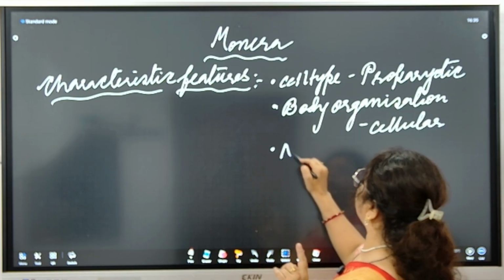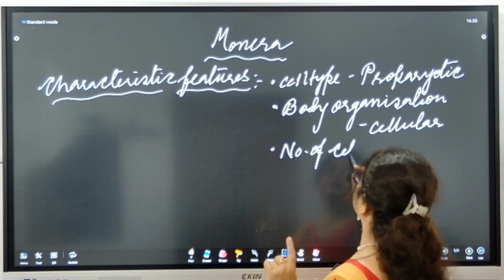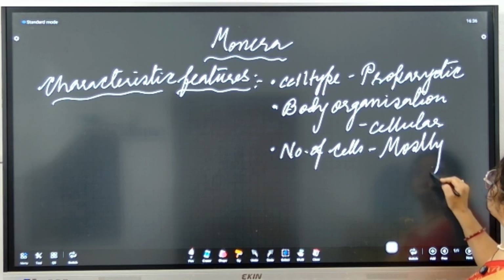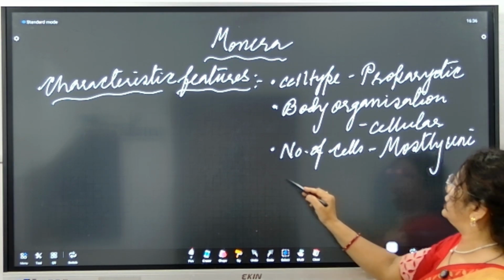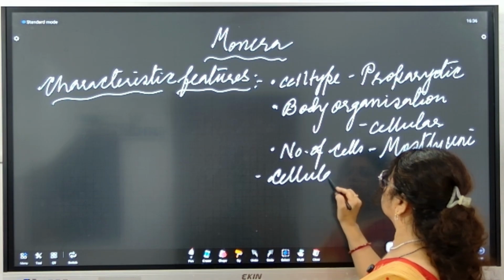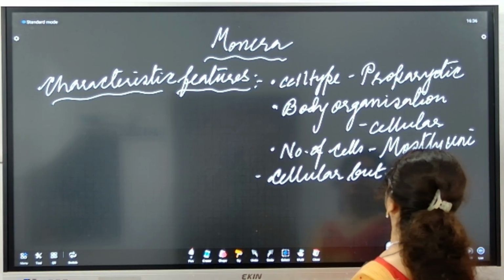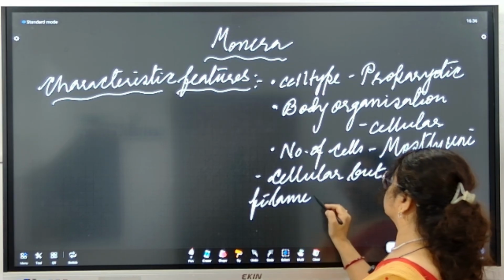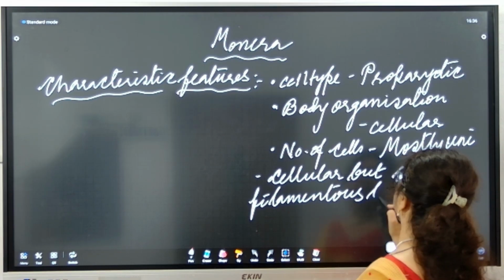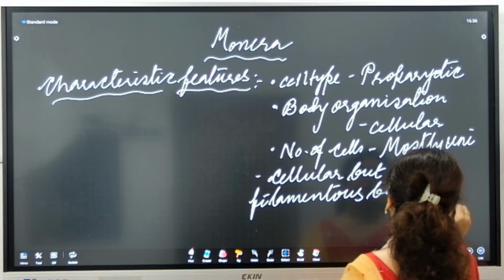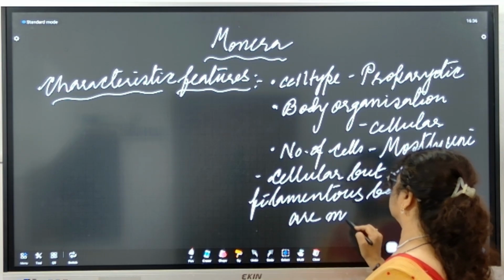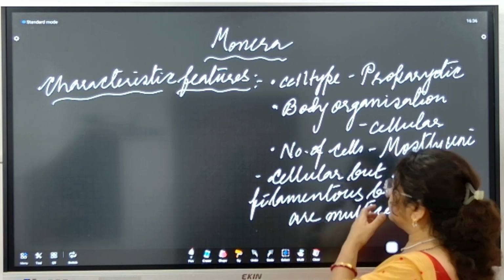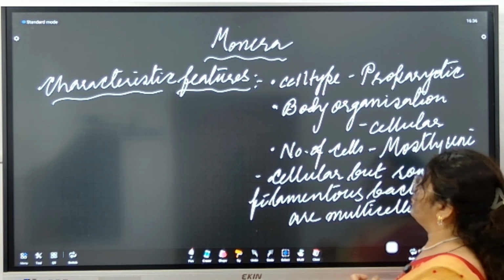As for the number of cells, they are mostly unicellular, but some filamentous bacteria are multicellular. Okay, this is clear.